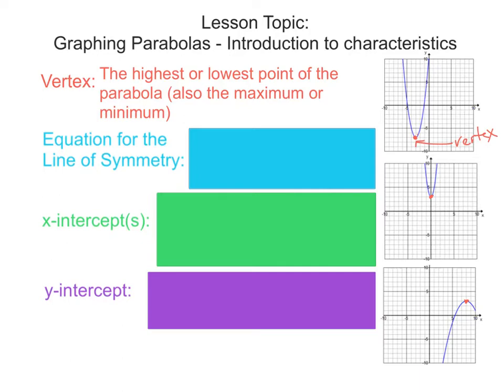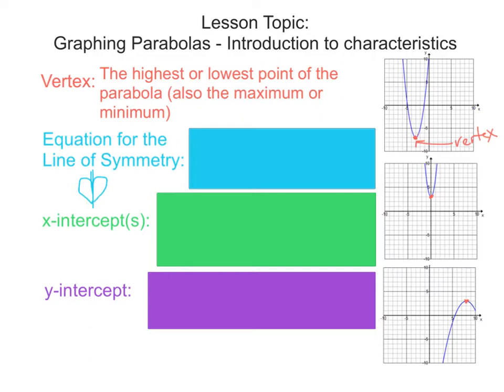Now the equation for the line of symmetry is next. We've all talked about symmetry before in probably many other grades. If you think about it, a heart has symmetry. Remember that word from back in the day? Symmetry means that if we cut it down a certain line, both sides of that line will be a reflection of each other. Now my heart wasn't perfect there, but I think you get the idea.